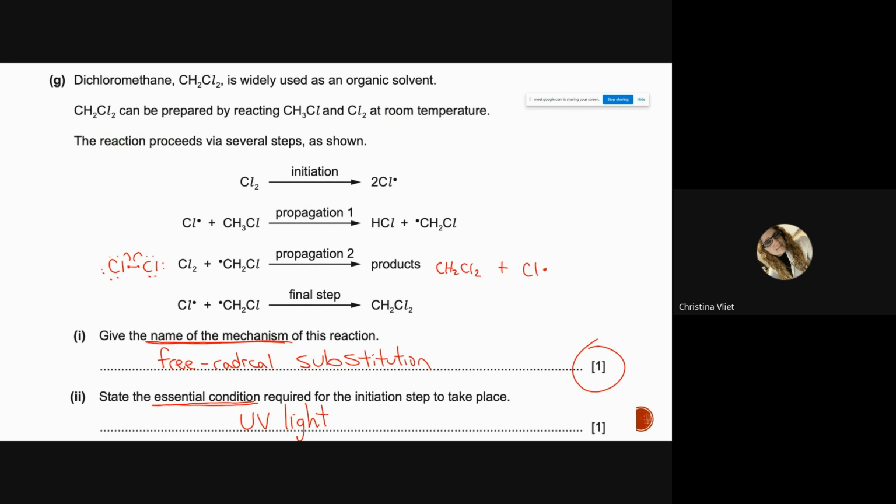Do you want to think about it, propagation 1? I can show you propagation 1. In propagation 1, this chlorine approaches CH3Cl, right? And what is chlorine stealing? They're telling me what it's stealing. Stealing a hydrogen, isn't it? Like, come with me, buddy.